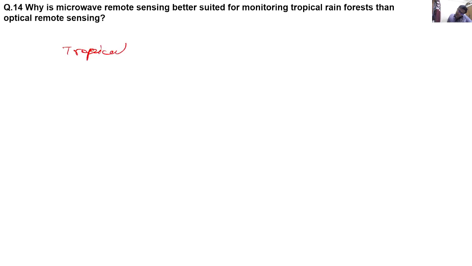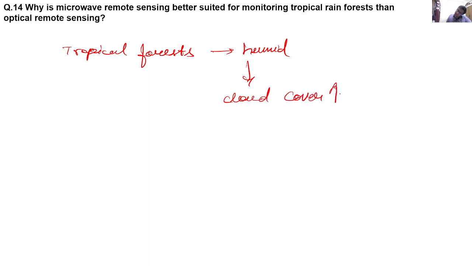So tropical forests are humid, so cloud cover is also huge.